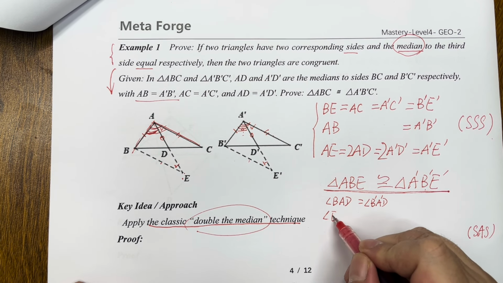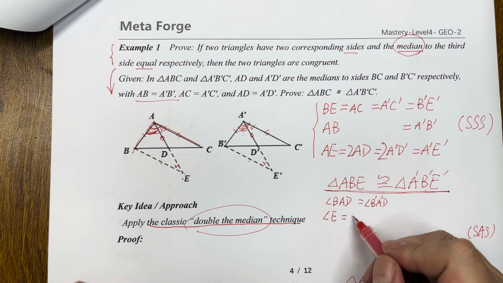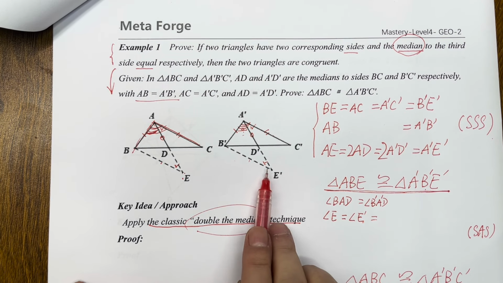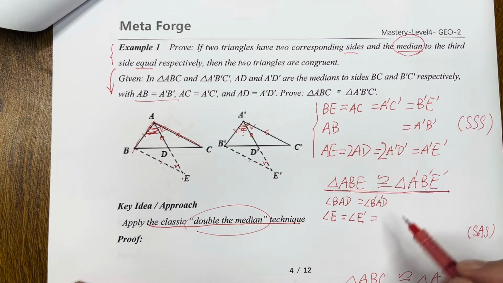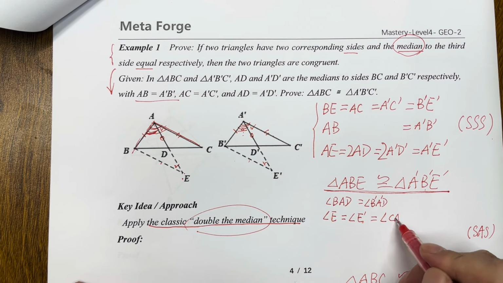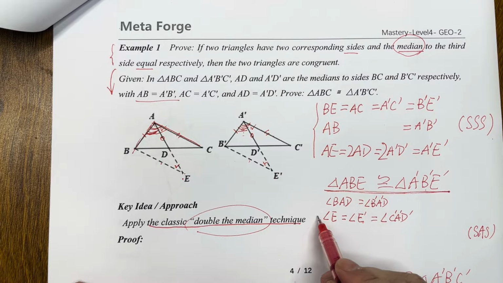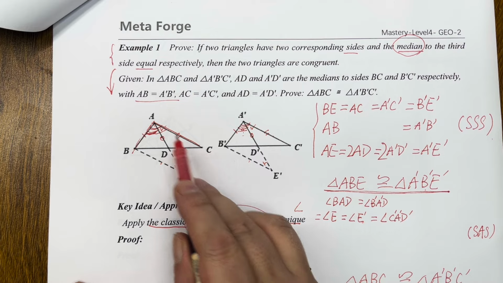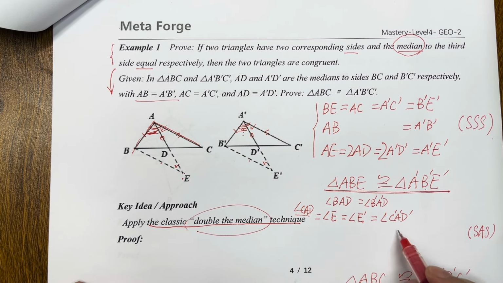Angle E equals angle E prime, and angle E prime equals C prime A prime D prime. For a similar reason, angle E equals CAD. The letters are corresponding.